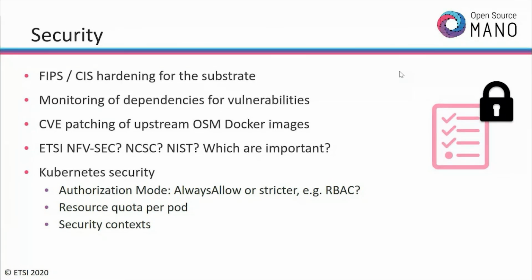I don't know if anybody has any thoughts on this, but I feel that this is really important to address, because if we want to handle it within the OSM project, we definitely need to see the features that need to come with that to make us FIPS compliant and enable OSM to harden the substrate.